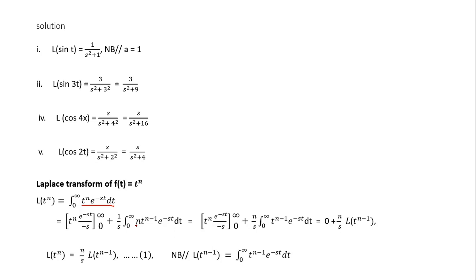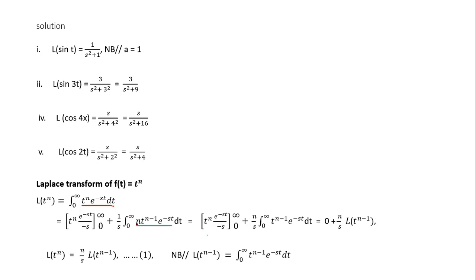So when we evaluate, we are not going to get this term. I'm not going to integrate this portion too, because we have to go by the same principle.